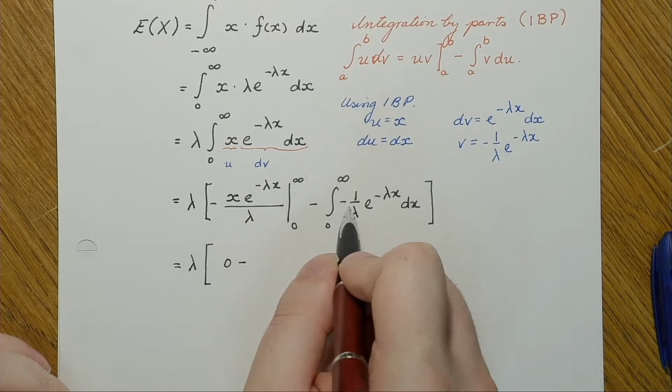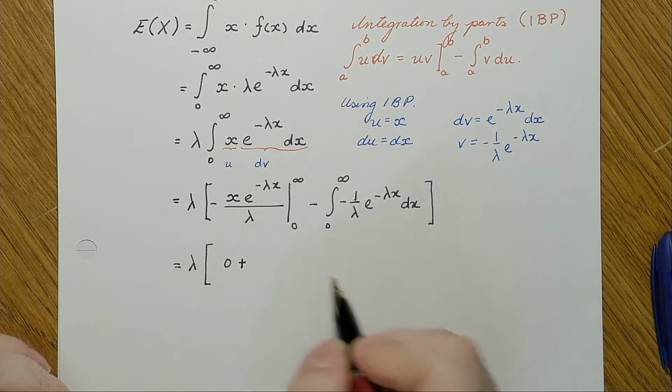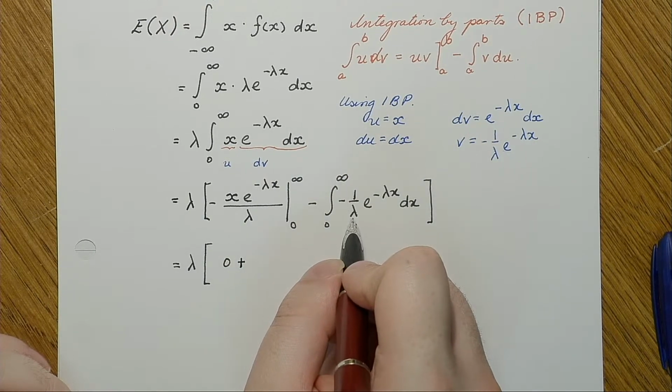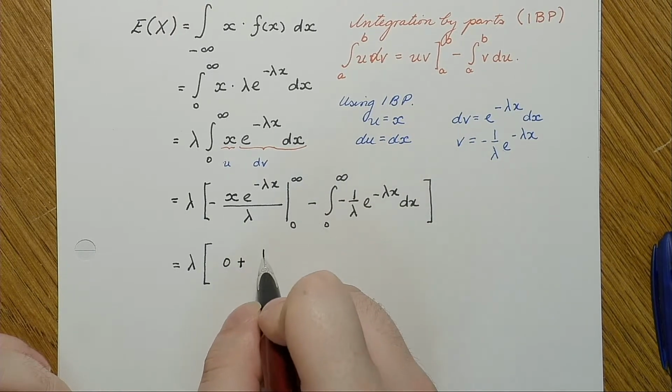I have a minus and a minus, so that becomes positive. I'm going to bring out that 1 over lambda, bring it out front.